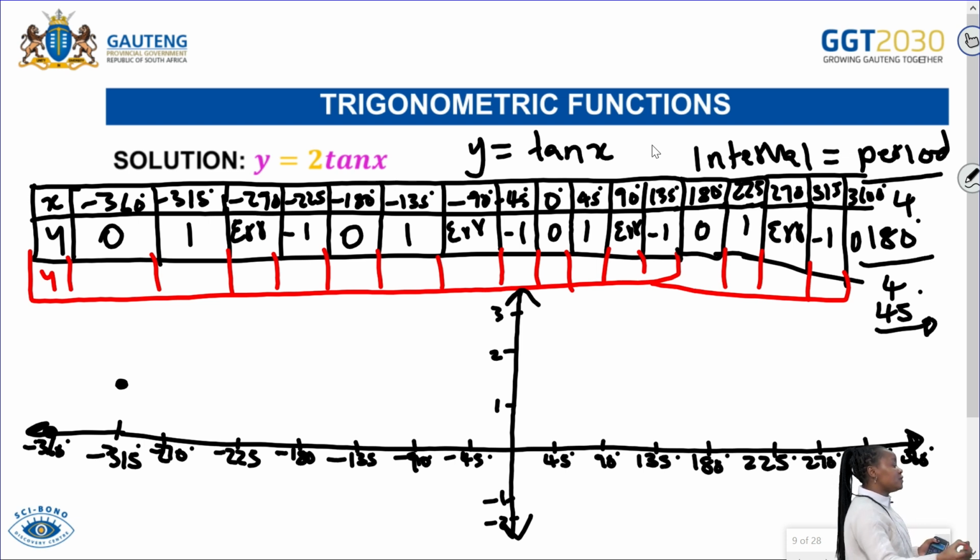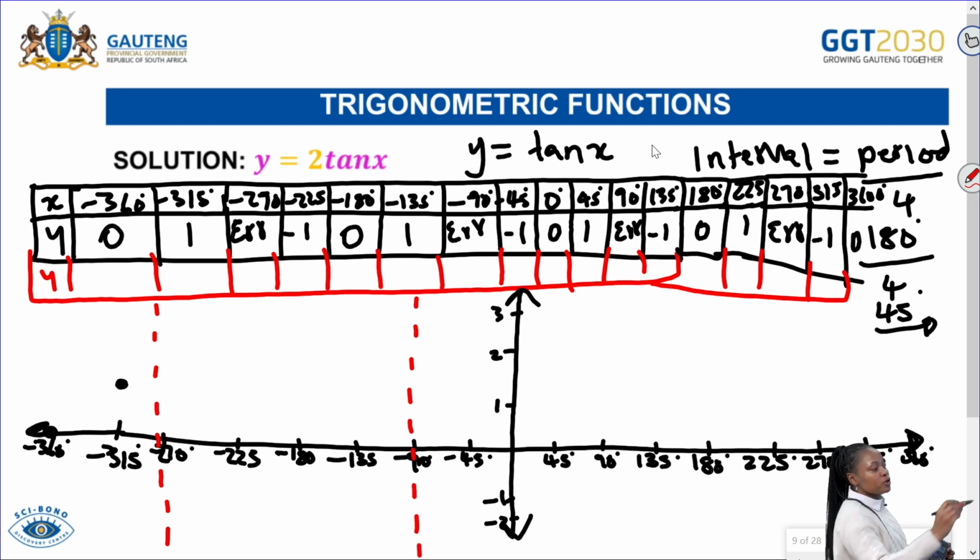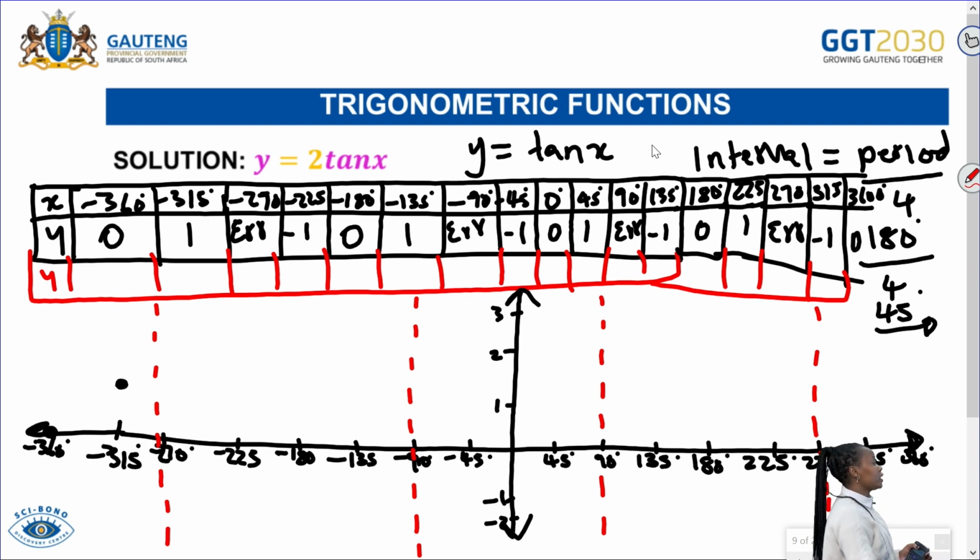And then at negative 270, I have my asymptote. Don't forget your asymptote. Ne? At negative 90, I have my asymptote. My graph shouldn't be on top of that line or even touch it. At 270, okay? And then at negative 225, I'll have negative 1, it's going to be somewhere here. At negative 180, it's 0.